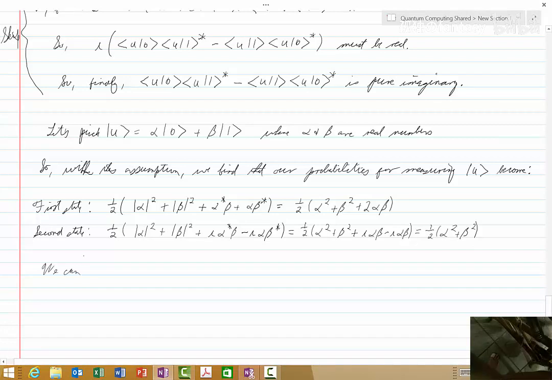So remember now, what we're wanting is for these two probabilities to be different.